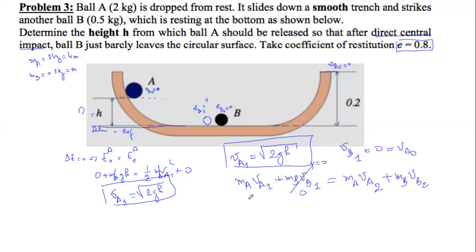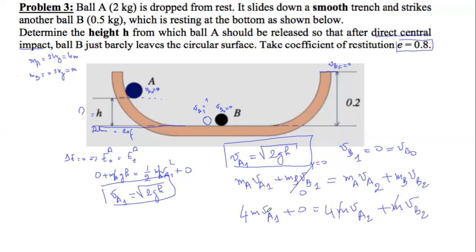So let me put the numbers. MA is 4M. VA1, which is just square root of 2gH plus 0, is equal to MA, which is 4M, VA2 plus MB, which is M, VB2.